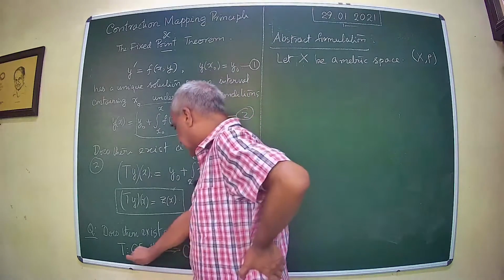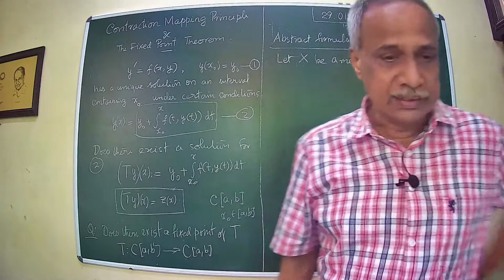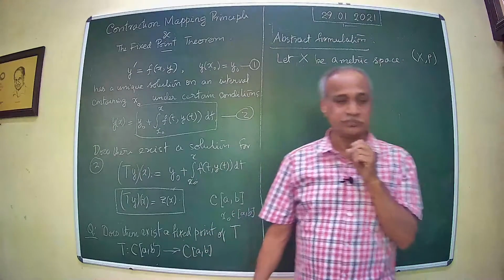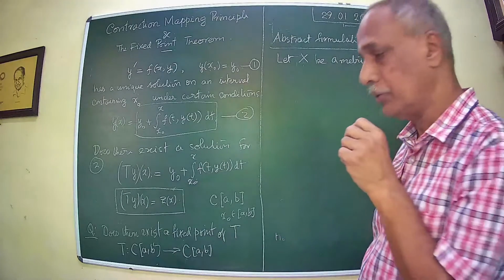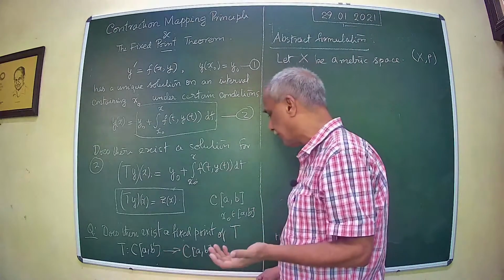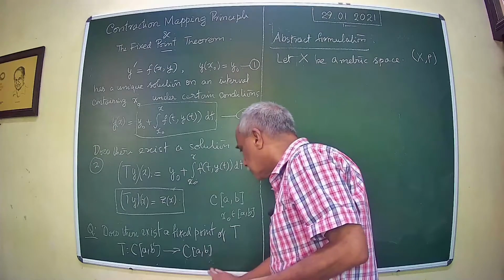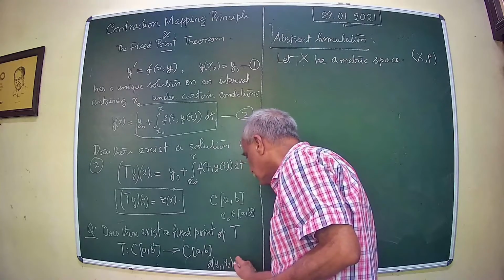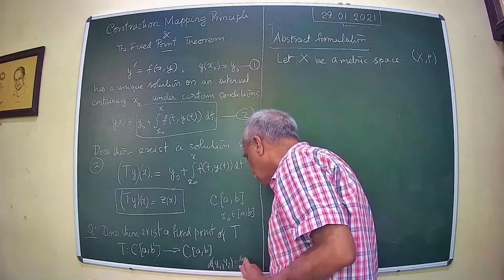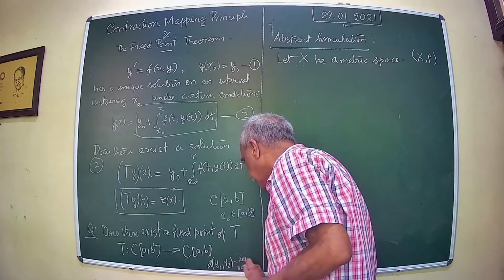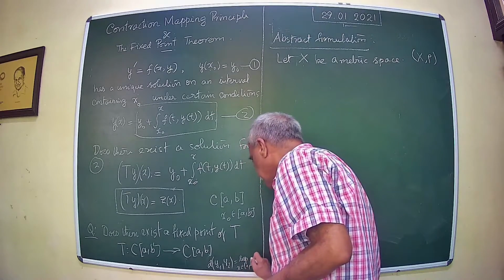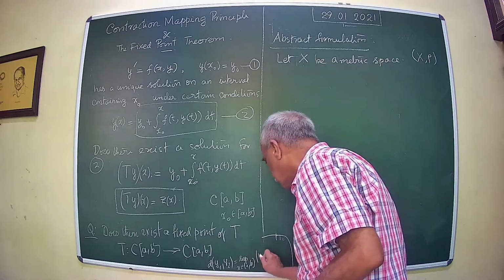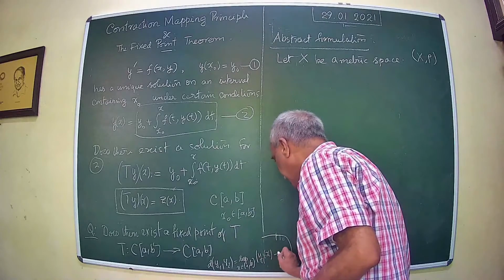In this case, C[a, b] is a metric space with the metric defined as the distance between two functions y1 and y2, defined as d equal to the supremum over x belonging to [a, b] of the modulus of y1(x) minus y2(x).